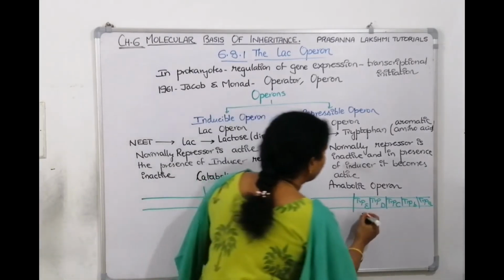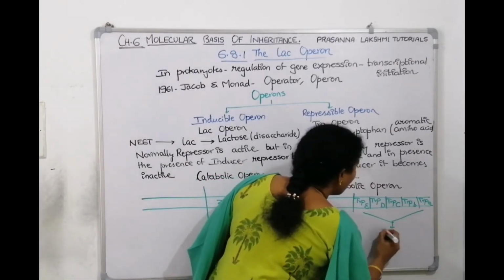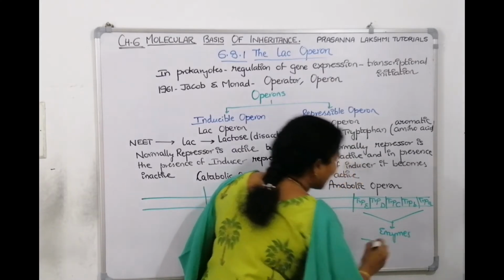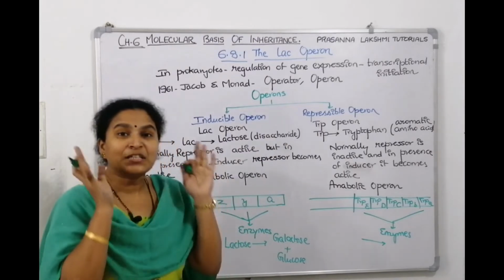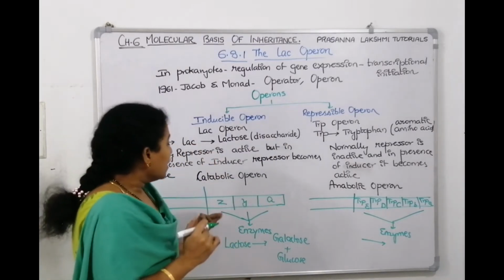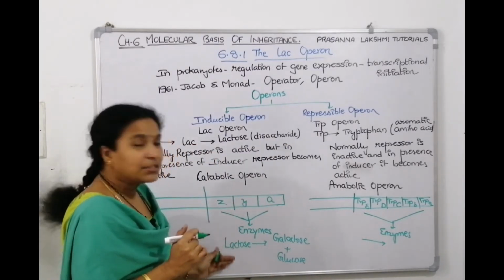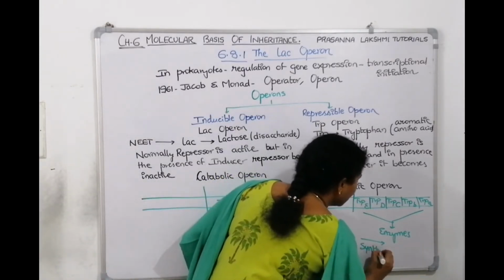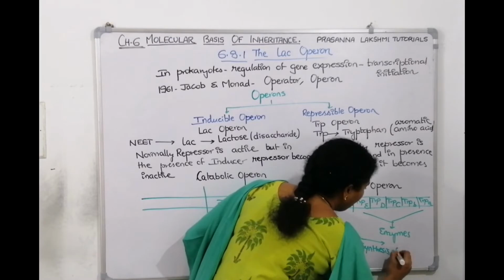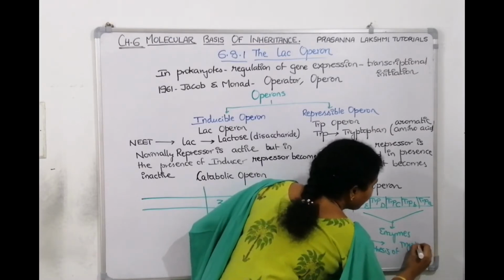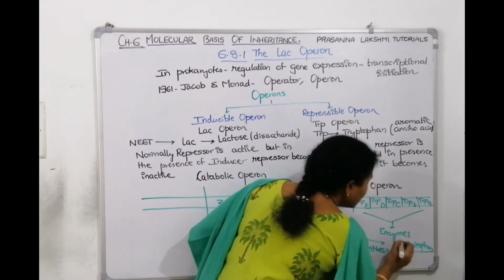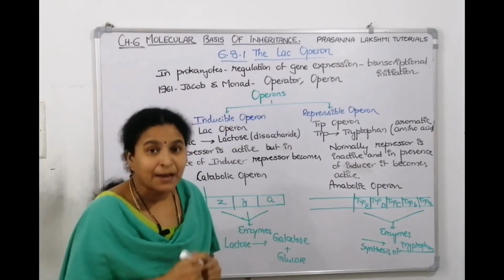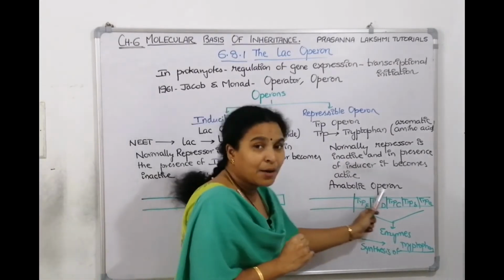All these 5 genes will code for 5 enzymes. All the 5 enzymes are required for synthesis of tryptophan. Here the enzymes are required to break down lactose, but there the enzymes are required for the synthesis of tryptophan. Since the genes are coding for the enzymes and the enzymes are helping in synthesis of tryptophan, we are taking it as anabolic operon.